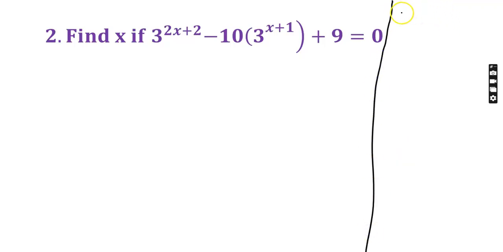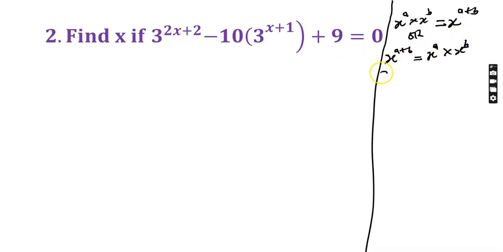You remember this law: if you have x to the power a times x to the power b, it will give us x to the power a plus b. Or if I reverse it, if I have x to the power a plus b, this can break into x to the power a times x to the power b, vice versa.